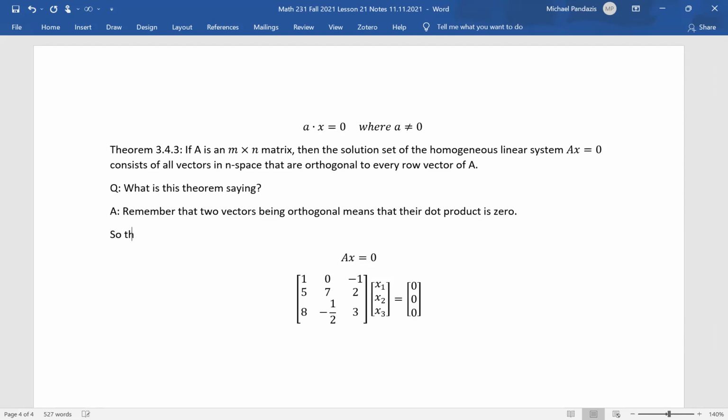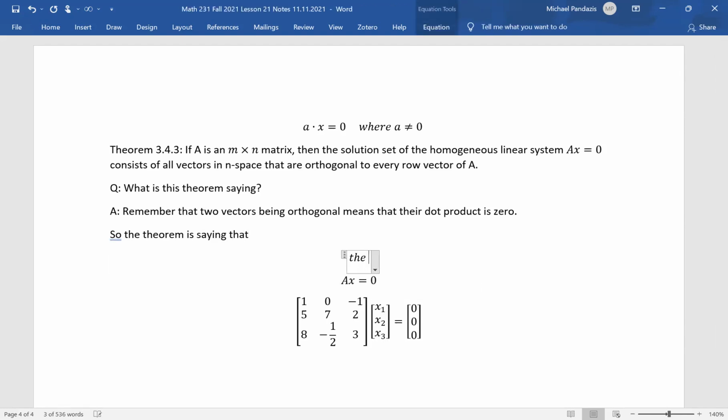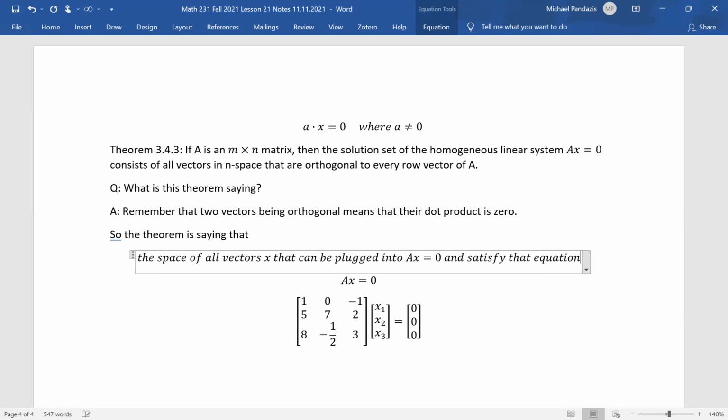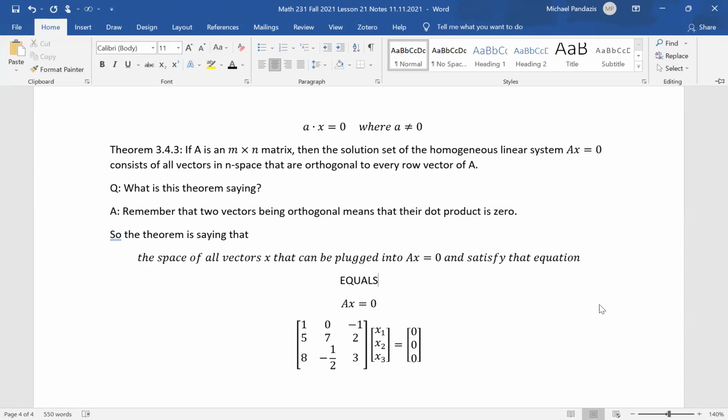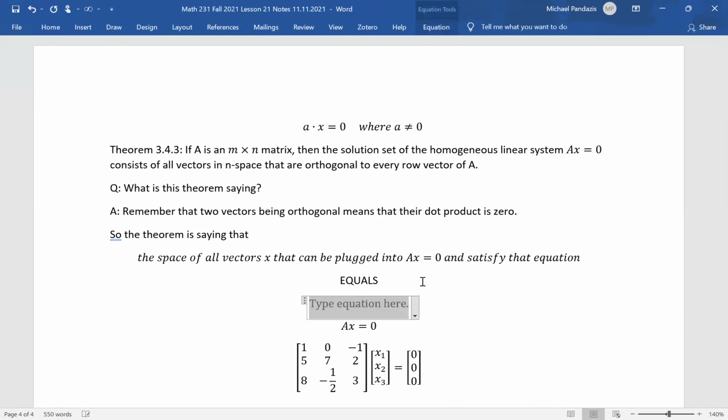So the theorem is saying that the space of all vectors x that can be plugged into the matrix equation Ax equals 0 and satisfy that equation equals the space of all vectors x that are orthogonal to each row vector of A.